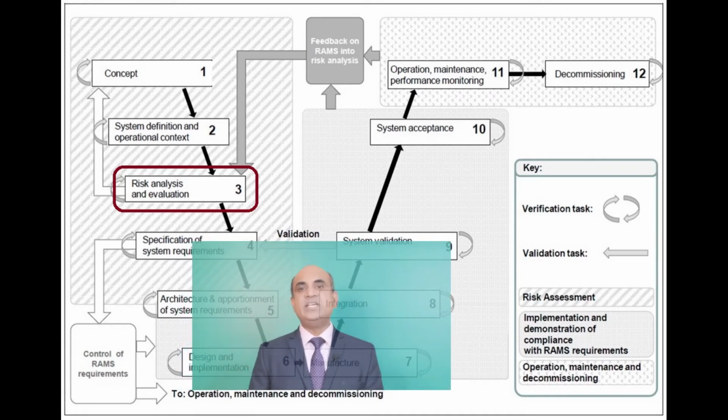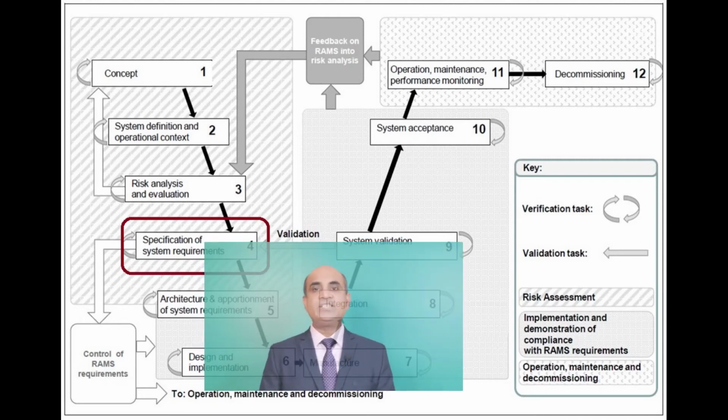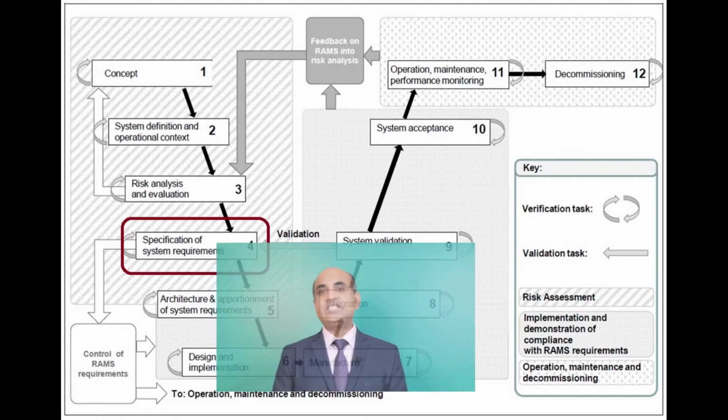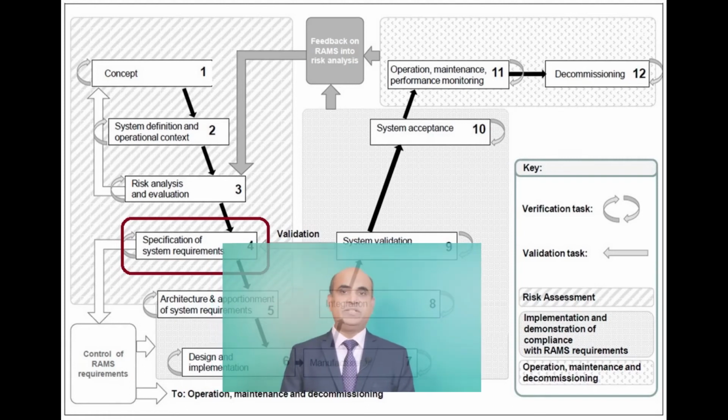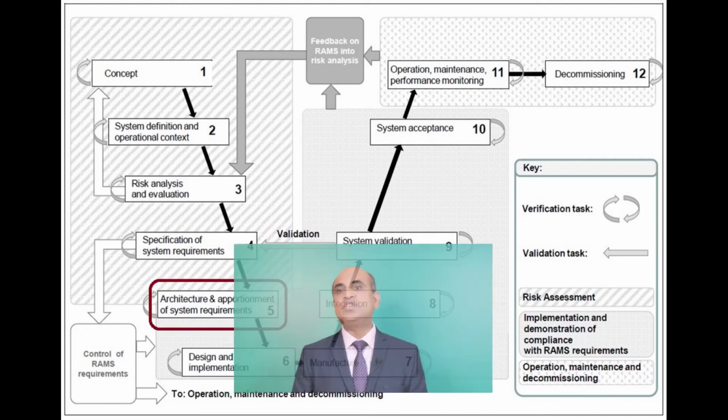And the next phase is specification of system requirements. At this stage, overall RAMS requirements for the system under consideration are specified. And the next phase is architecture and apportionment of system requirements. This is a very important phase. Here, apportionment of system RAMS requirements to the designated subsystems and/or components is carried out.